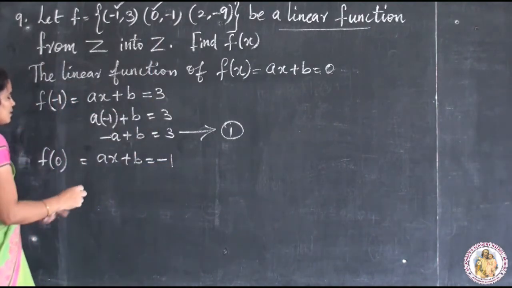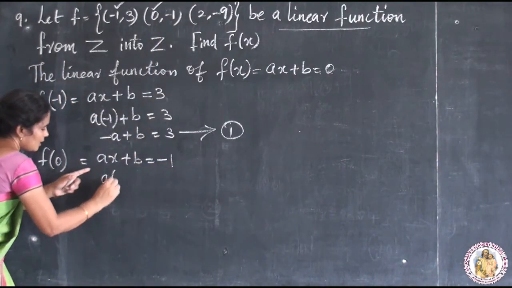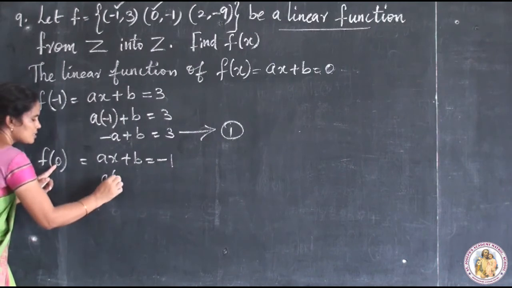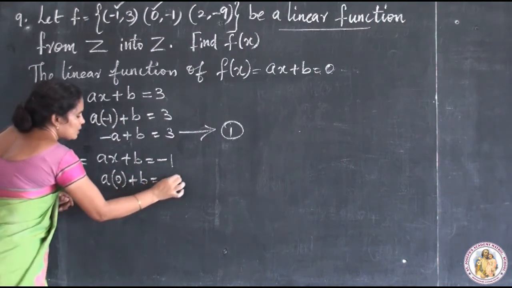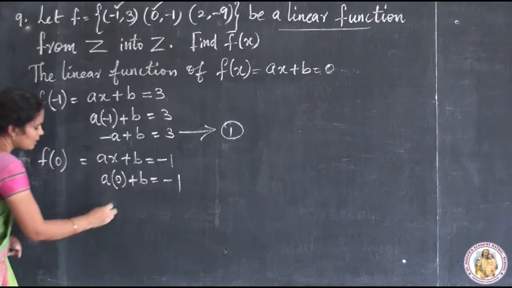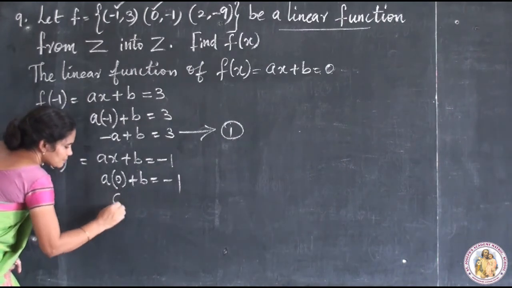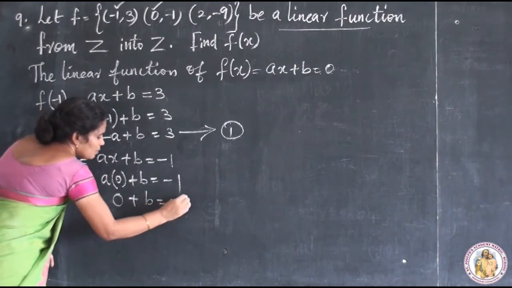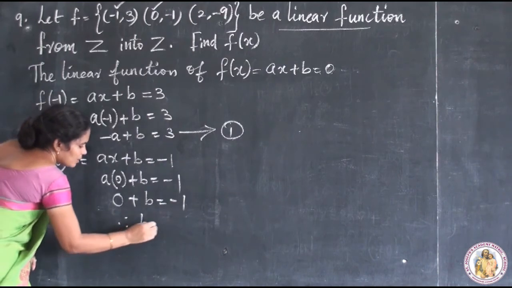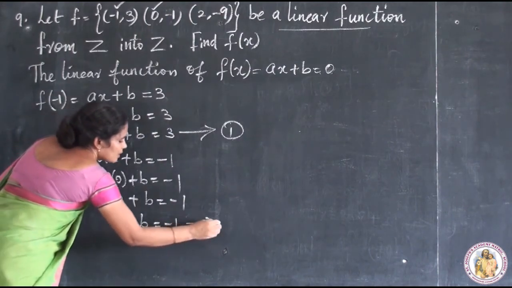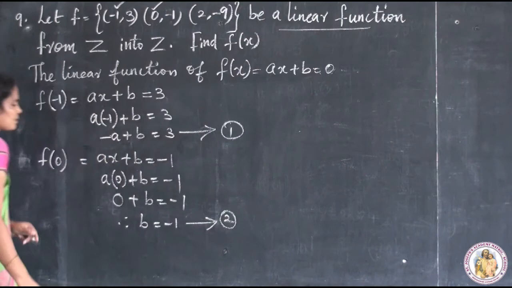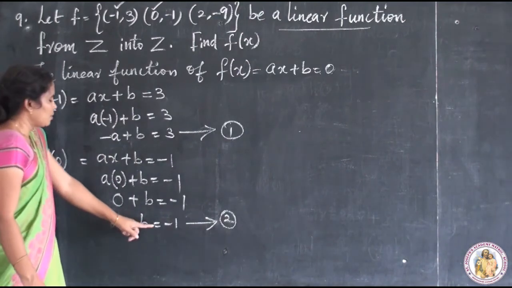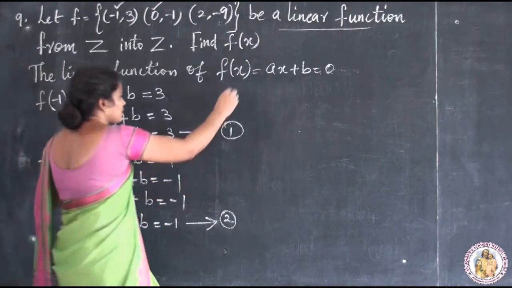Take minus 1. So ax as 0 plus b equal to minus 1. A into 0 is 0 plus b is equal to minus 1. Therefore, b is equal to minus 1. Taking this as second.